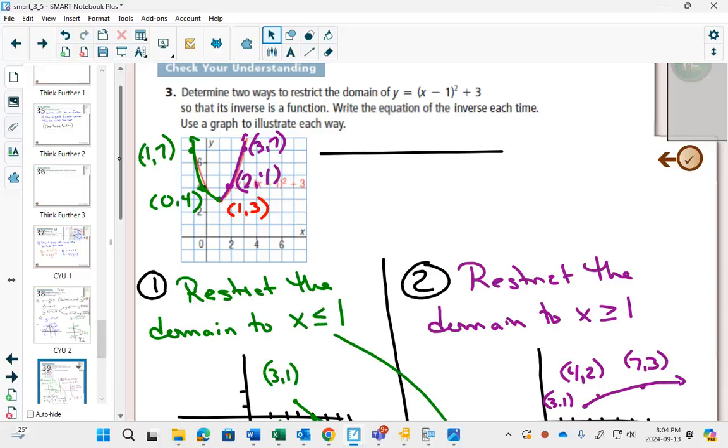So on a parabola, it'll always be your vertex that's really important. Because taking half of one side and half of the other is what's going to make sure that you pass the horizontal line test. So your restricted domain is going to be connected to your vertex, in particular the x-coordinate of your vertex. So I go left of 1 and right of 1 because that's the x-coordinate of my vertex. If my vertex was somewhere else, it would change what I would restrict my domain.